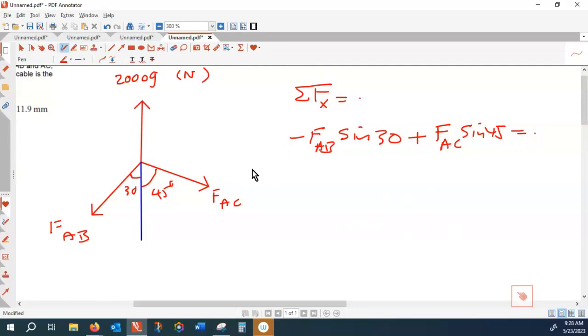The second one is the net forces vertically equal to 0, and that is 2000 G, almost 20,000 Newton, minus FAB cos 30 minus FAC cos 45 equal to 0.